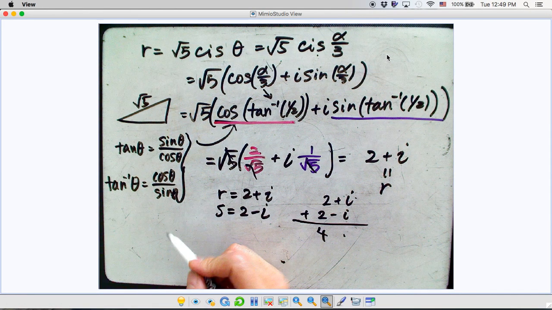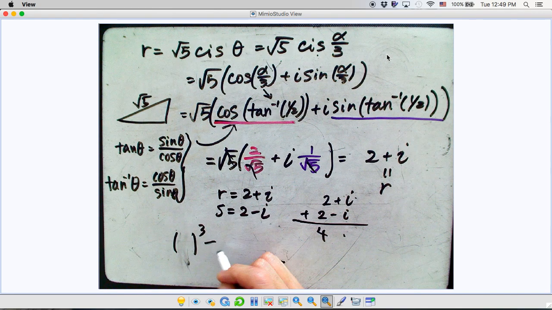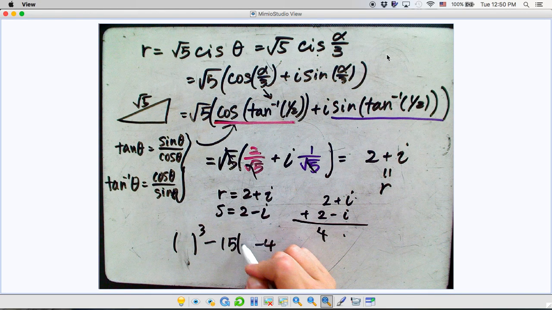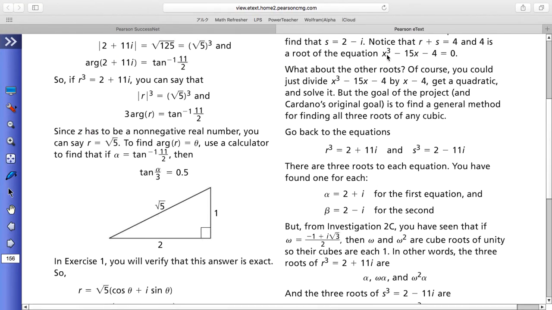The original equation was x cubed minus 15x minus 4, so we plug in 4 for x, and we'll have 64 minus 60 minus 4, which equals 0. Good.